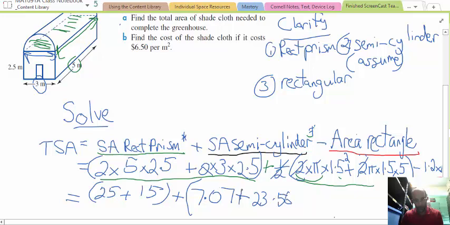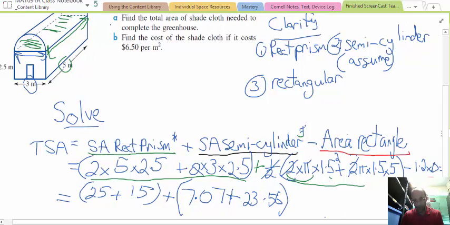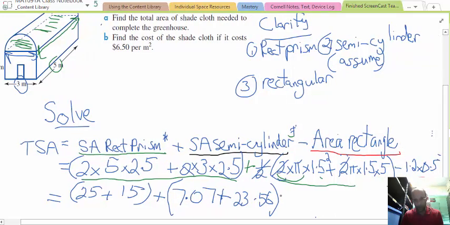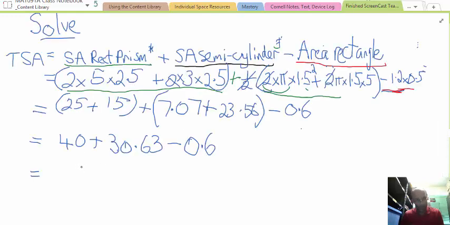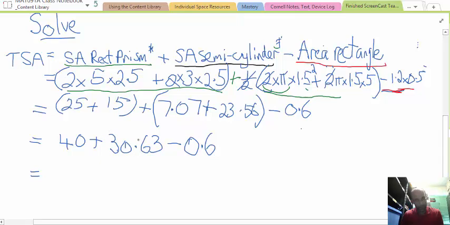Okay, 23.56. And lastly, we've got the little rectangle there. That's half of 1.2, which is 0.6. Which is getting close to the end now. So we can subtract, that's 30.03.